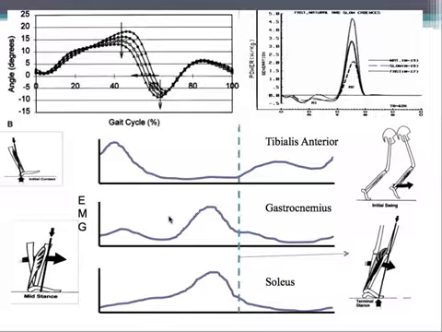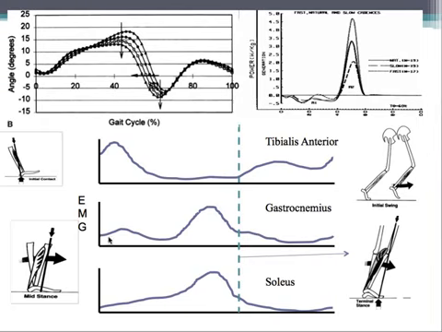So now we want to look at the gastroc-soleus role. What we're talking about is the control of dorsiflexion that's occurring after weight acceptance throughout stance, and then this rapid plantar flexion that's occurring as we go through the pre-swing phase of the gait cycle.